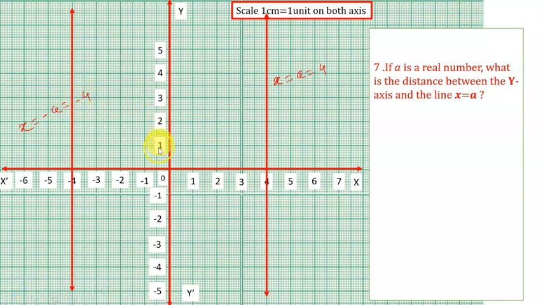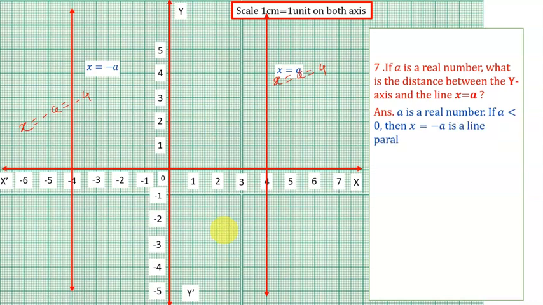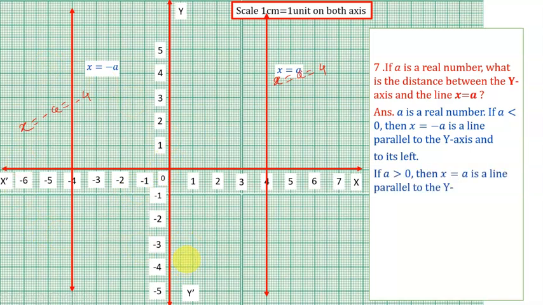Now the next, here x is equal to minus a, it is of the form x is equal to plus a. a is a real number. If a is negative, then x is equal to minus a is the line parallel to the y-axis. It will be on the left hand side of the y-axis, it is to its left. If a is positive, then x is equal to a is a line parallel to the y-axis and to its right.